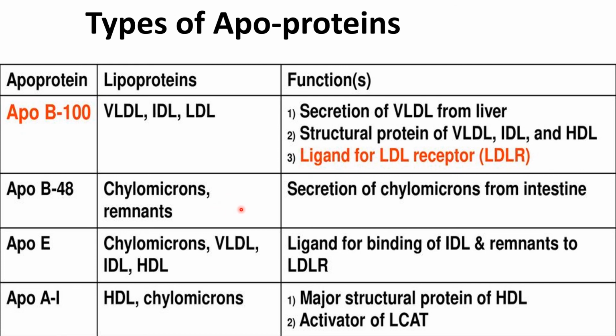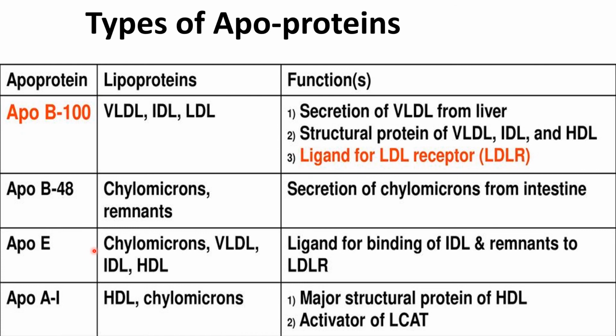So its TAG content is decreased, and when it reaches the liver, it is in a very small amount. That's why it is called a chylomicron remnant. And the liver takes up this chylomicron remnant by recognizing ApoB48. So these apoproteins have a role in the receptor mediated uptake of these various lipoproteins.